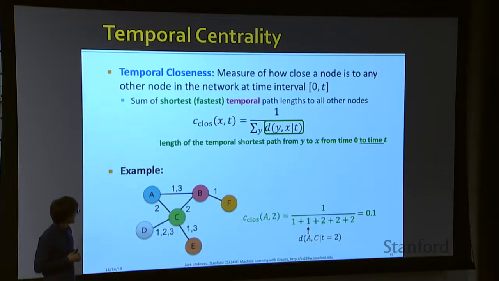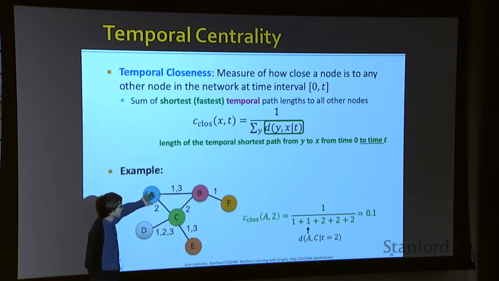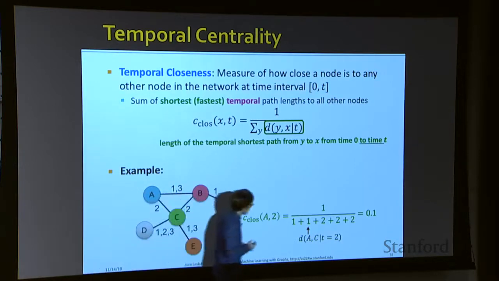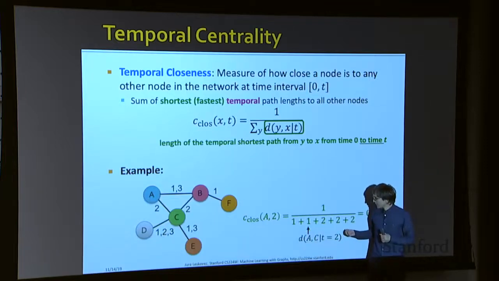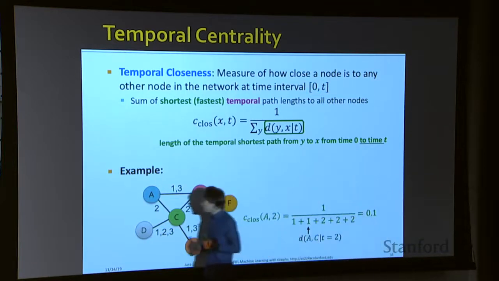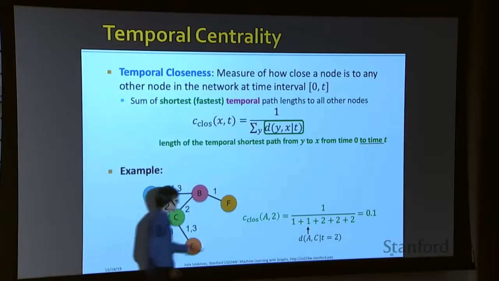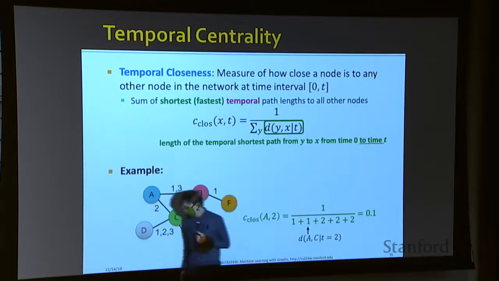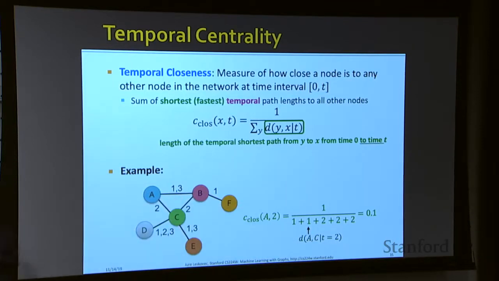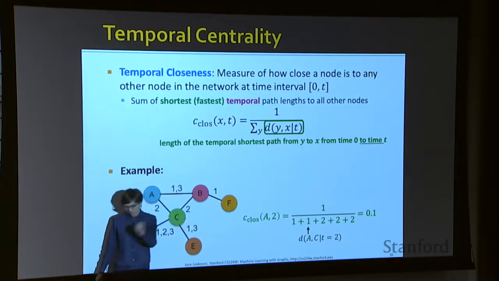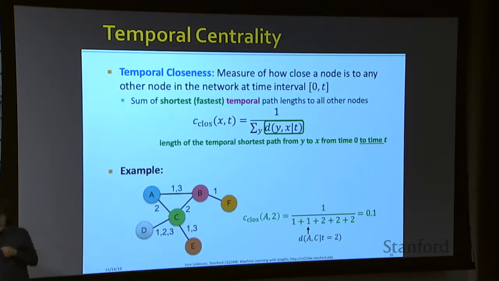For example, here, if I'm at time 2, then the distance to node B should be interesting. So the question will be, what happens to the shortest path if I cannot reach a given node? And what you could do is use some large constant to put in here to account for that. I think that's what they do. Okay, so that's the notion of temporal closeness centrality. So now you are able to track the importance of the node as a function of time.